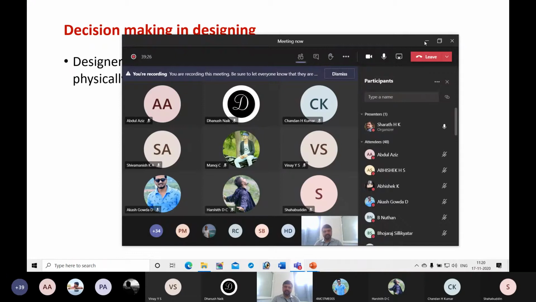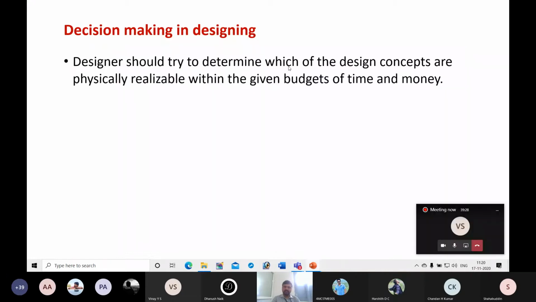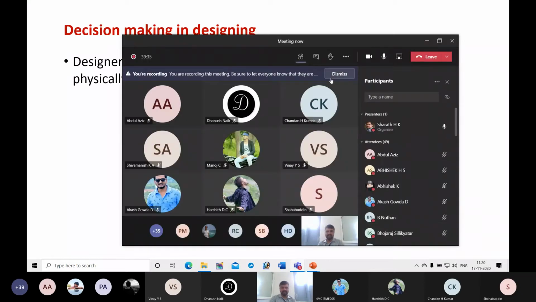So what do I mean by physically realizable? You have 3 designs. If you want to say design number 2 is physically realizable compared to designs 1 and 3, what are the criteria? Based on that, you are going to make this judgment.